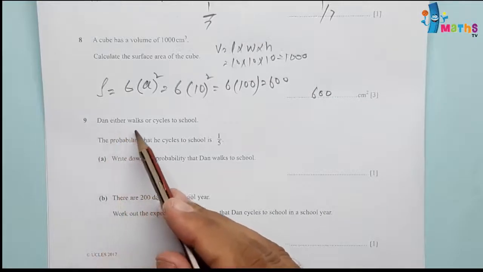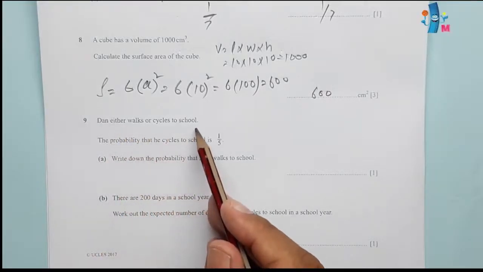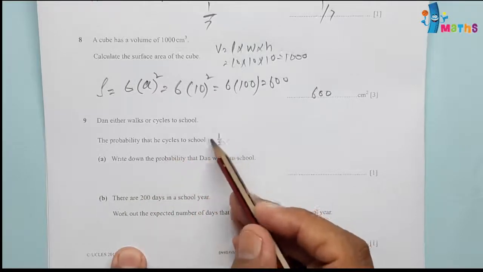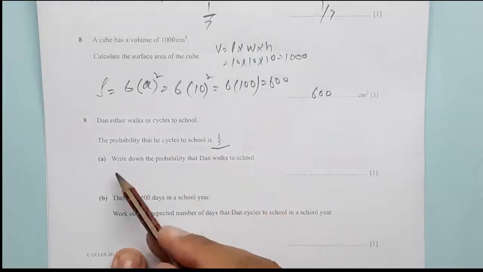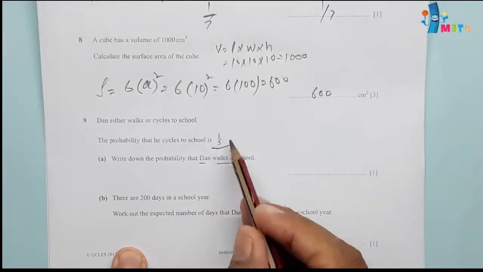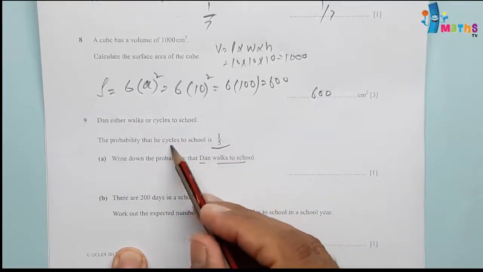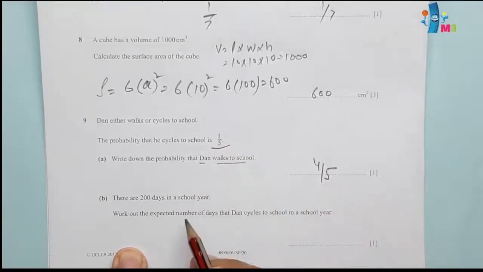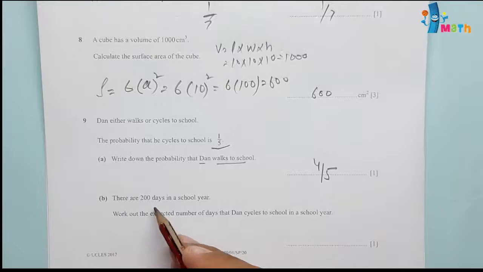Dan either walks or cycles to school. The probability that he cycles to school is 1 by 5. This is given. Write down the probability that Dan walks to school. So 1 by 5 is cycles, then remaining will be 4 by 5, so that is 4 by 5. There are 200 days in a school year.